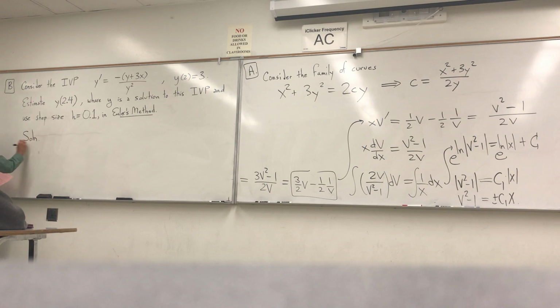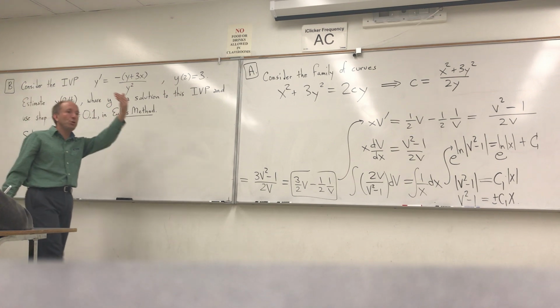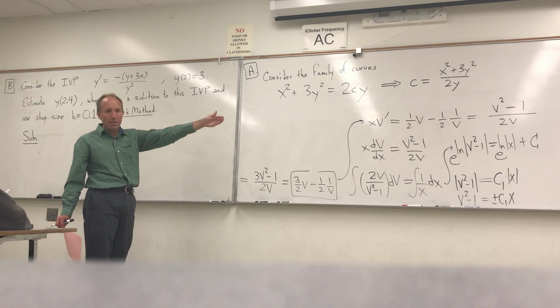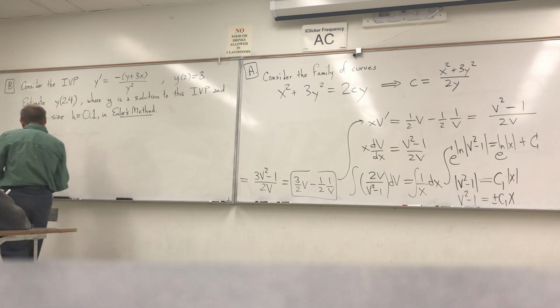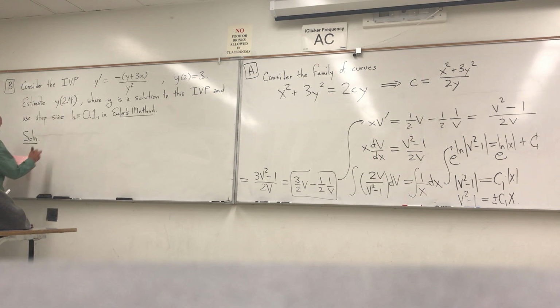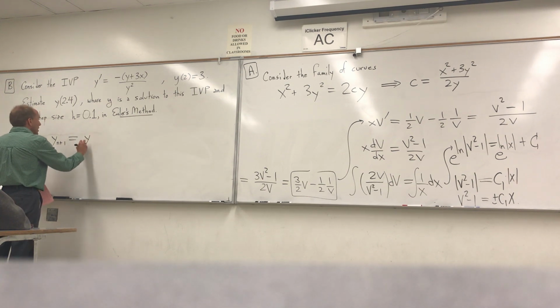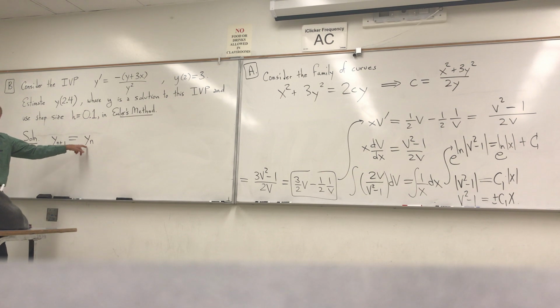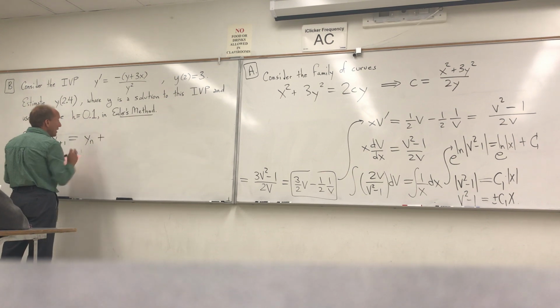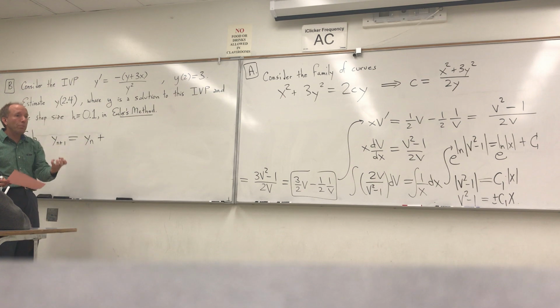So there's one thing above all other things that you need to make sure that you know to solve a problem like this, and that is the formula for getting from one iteration to the next in the Euler's method procedure. So here is the most important formula that you guys need to make sure you know. The next y value estimate, let's say the n plus first y value estimate, comes by taking the previous y value estimate, which is y sub n, and adding the slope times the run.